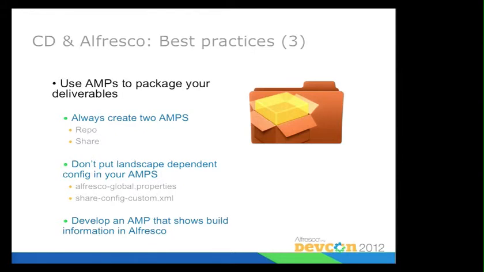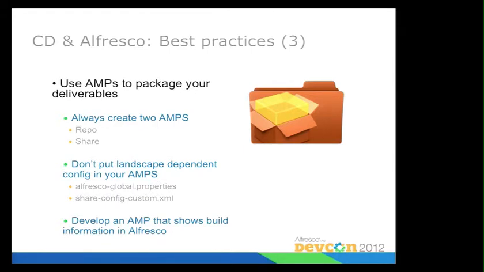You're deploying on your own laptop, which might have a database setting that is different from what you're doing in a test system or in a production environment. So these are the two candidates that you have to factor out. These will be the two configuration files that you're looking for that are not inside of your AMP file.